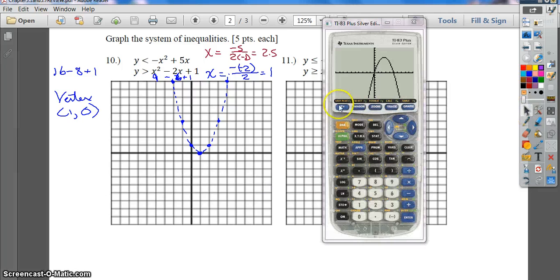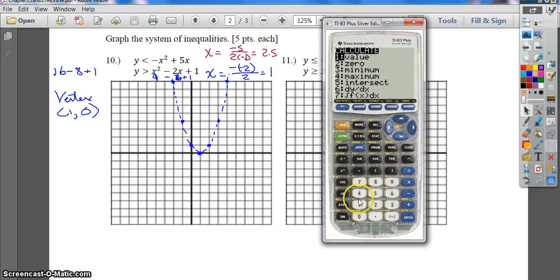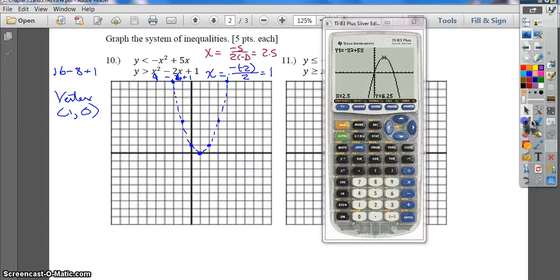All right, so that plugged in for you. Again, remember, if I want to find out what 2.5 is, I can do a second, trace, value, and I'll plug 2.5 in. So my vertex is at 2.5 and 6.25. Here's my vertex. Let me go back to the room so when I plot it, it won't overlap. 2.5, 1, 2, 3, 4, 5, 6 and a quarter.